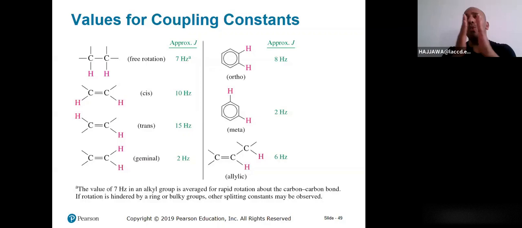How wide the doublet is, that's more indicative of a trans. How narrow the doublet is, that's more indicative of a cis alkene. So if I have a trans, I will have a much higher coupling constant, around 15 to 20. But if I have a cis, I would be reading 10 or less hertz.